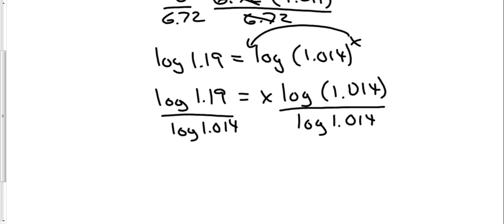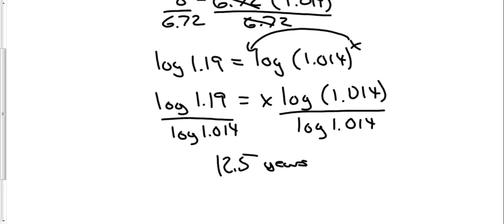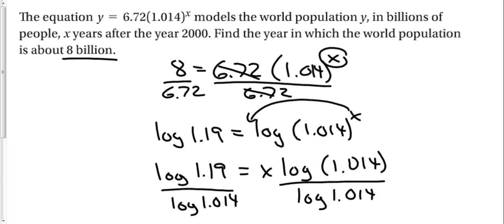Log of 1.19 divided by log of 1.014, and we get 12.5 years, which means after the year 2000, so the answer is going to be 2012, halfway through 2012, July 2012.